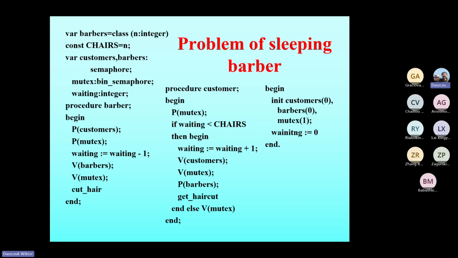The chairs constant informs how many calls we allow to wait, no more. If we have more waiting calls than we have chairs, we just ignore them. It prevents overloading the input queue.